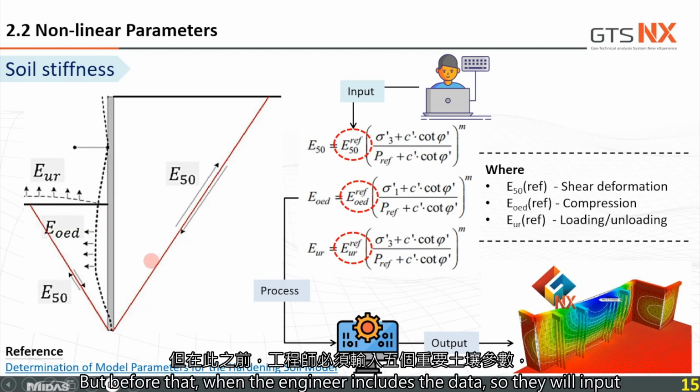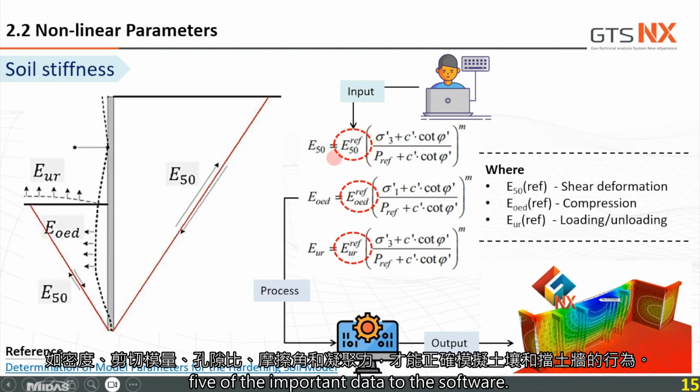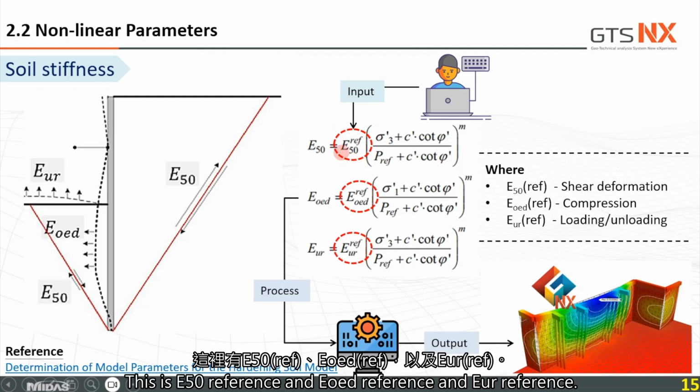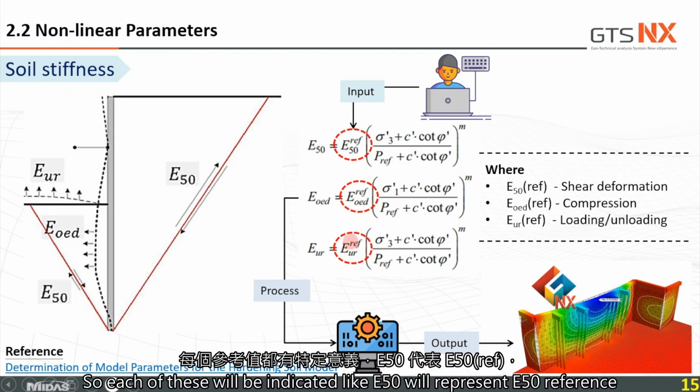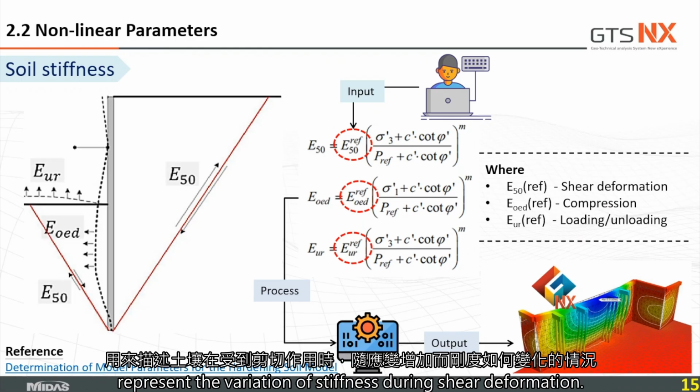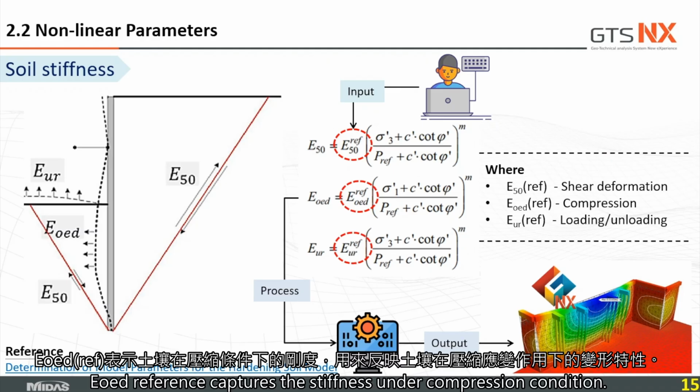But before that, when the engineer inputs the data, they will input 5 important parameters to the software. This is E50 reference, EOED reference and EUR reference. E50 reference represents the variation of stiffness during shear deformation.